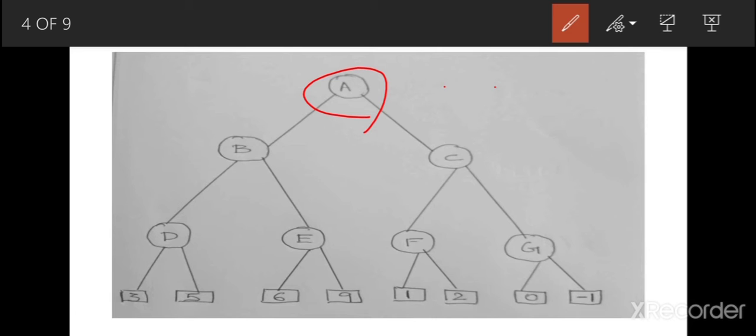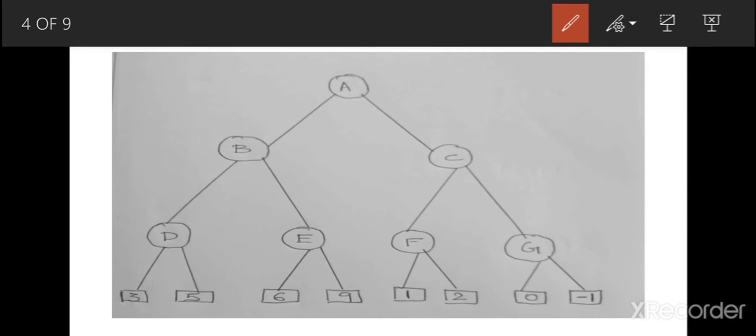The result of the minimax algorithm will be the same as that of alpha beta pruning if the question is to find the root node value. So let's solve this problem.